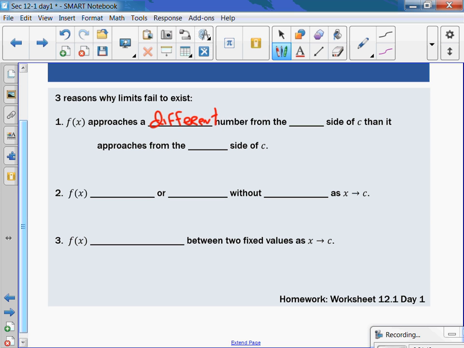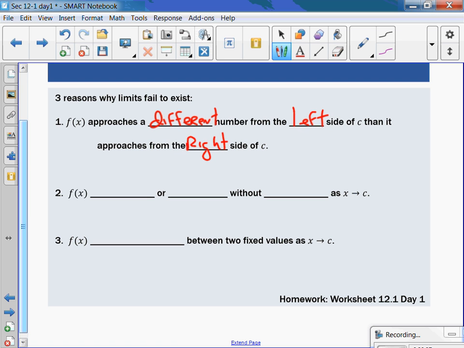So if it's a different number from the left side of c than it approaches from the right side, right? Just as we had that absolute value of x over x, we had one approaching positive 1 and one approaching negative 1.